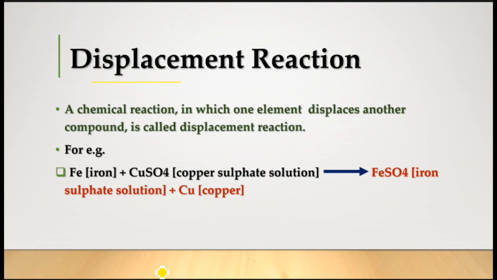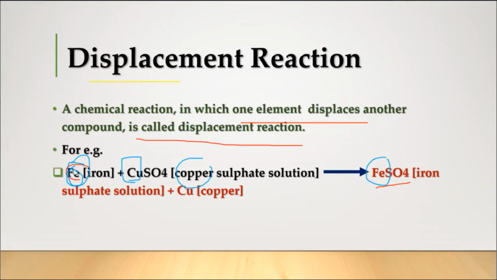Displacement reaction, a chemical reaction in which one element displaces another from a compound is called a displacement reaction. So here Fe, iron, and CuSO4, copper sulfate solution, both are reacted, but here what happened, this Fe, iron, has displaced the Cu because Fe is stronger than Cu.